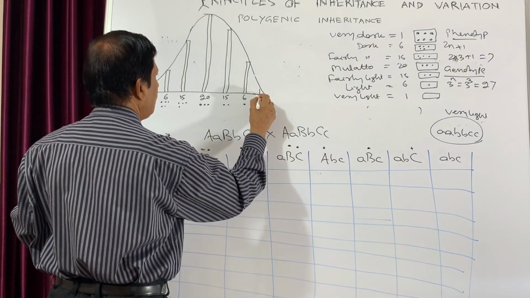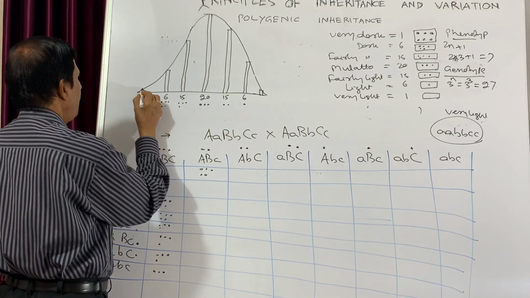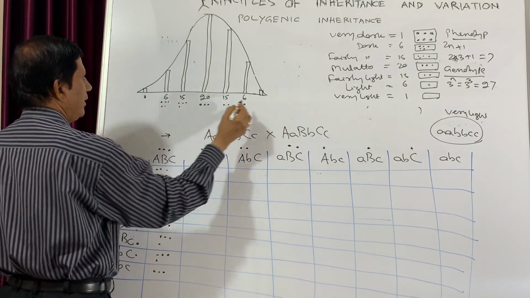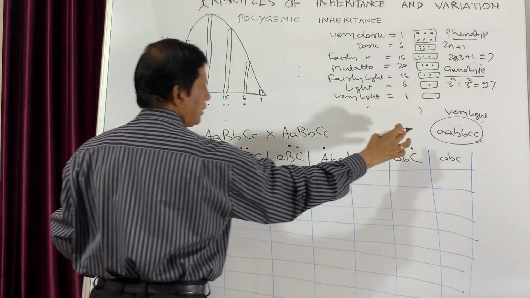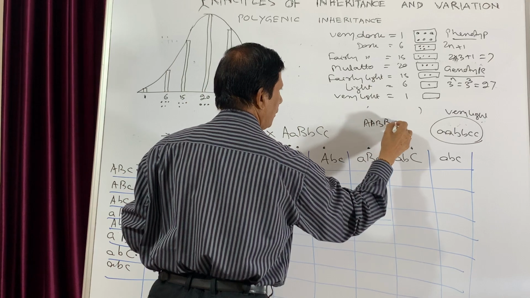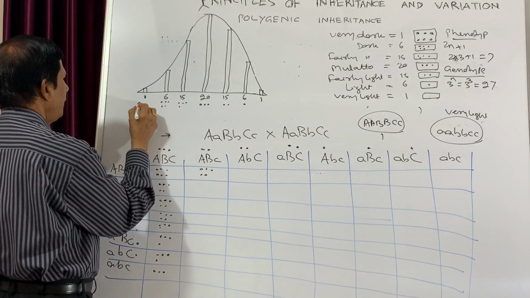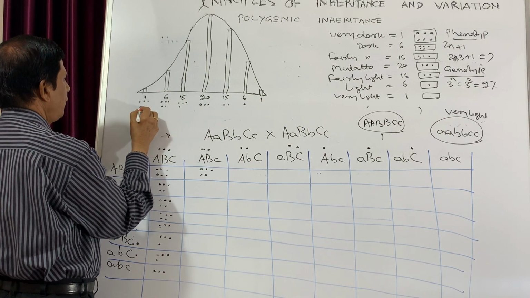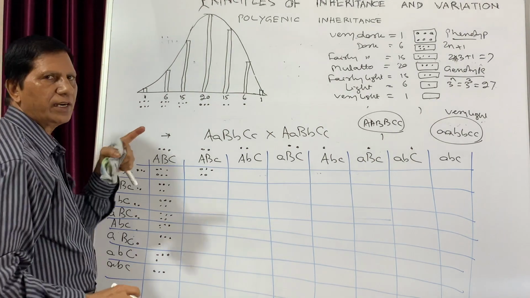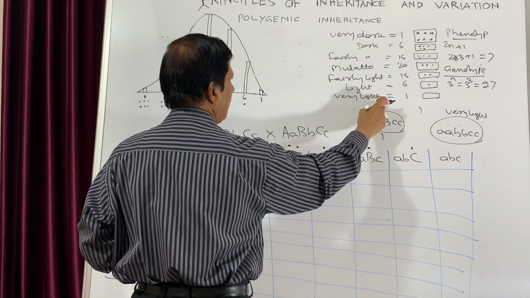Then at the 2 extreme ends, the number is 1, because this is only 1, and this is also 1. Here you will get 6 dominant genes. When 6 dominant genes, it is only 1 in number. When no dominant gene, also it is 1 in number.